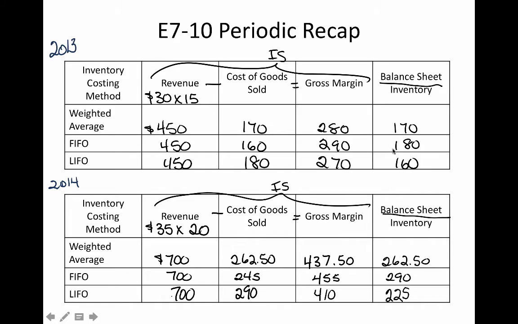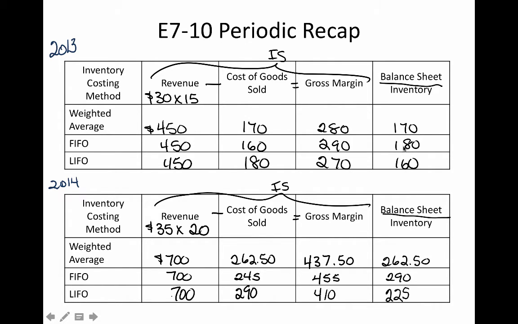So inventories, because it has the most current costs on the balance sheet, its current asset valuation will be higher using the FIFO method than the LIFO method. Notice the LIFO method, inventory valuation on the balance sheet, those current assets, is the smallest number.